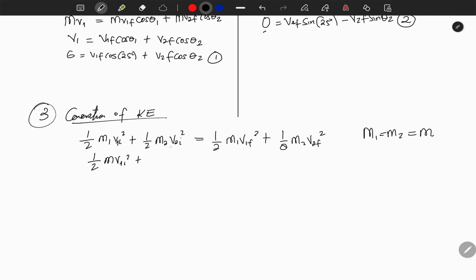Do we have more kinetic energy here? No, we don't, because the initial velocity is 0. So we end up only having this final squared plus half m v2f squared.